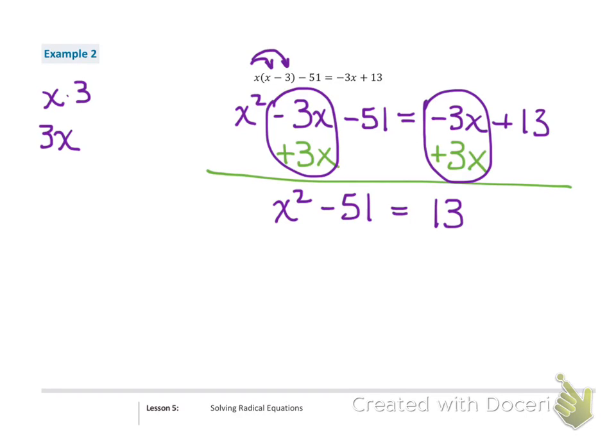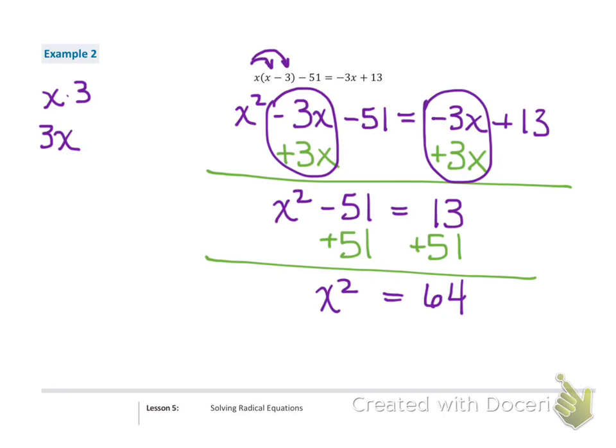Okay, and since I'm trying to solve for x, I want to get that x squared term on one side of this equation. So to do that, I'm going to add the 51 to both sides. And once I do that, I just have x squared on the left, and that equals 64.